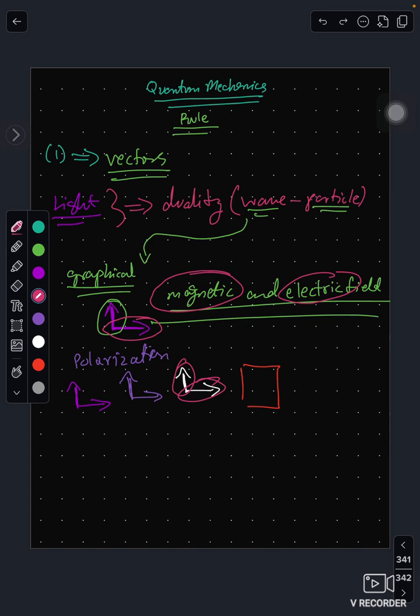But that depends on the type of polarizer we are using. If we are using a horizontal polarizer, what will happen is that when this light goes through, only the vertical part of the light will be visible, and the horizontal part will be stopped.